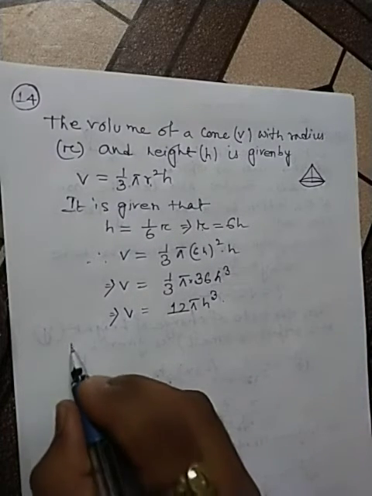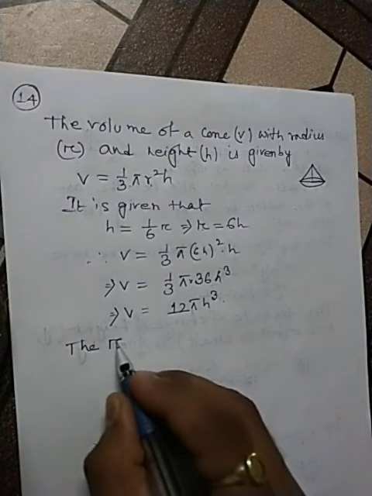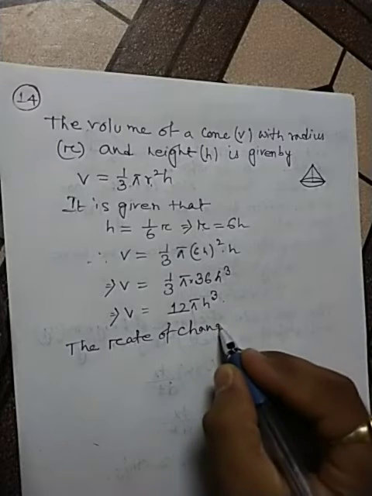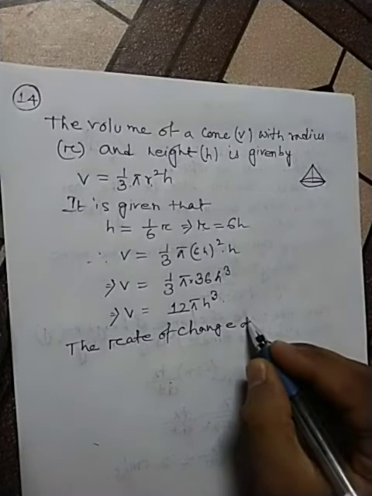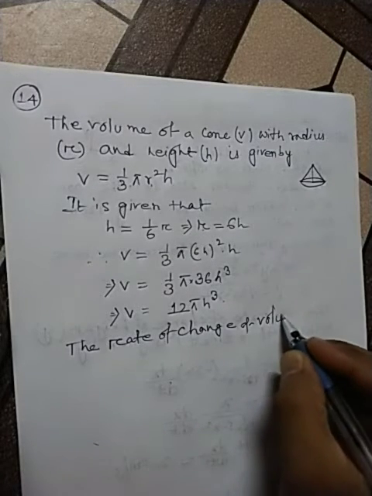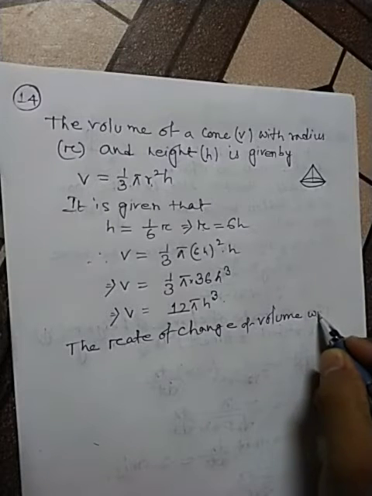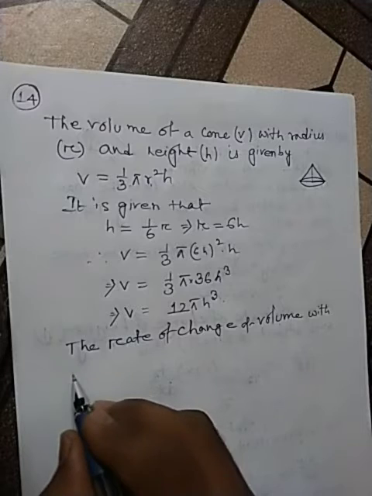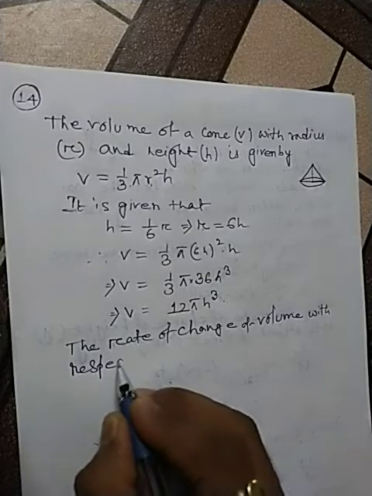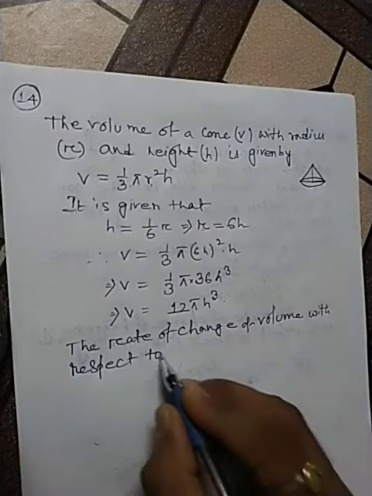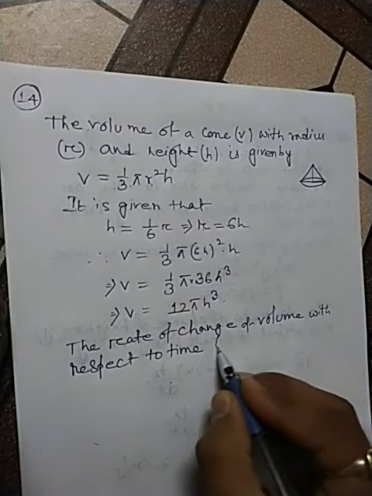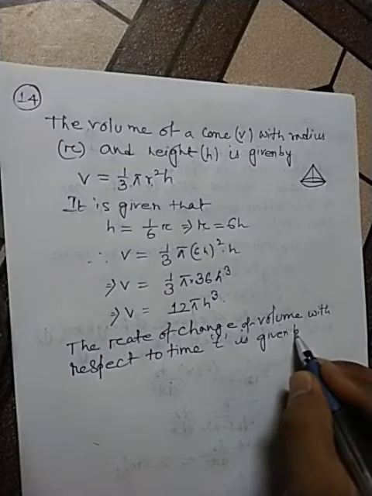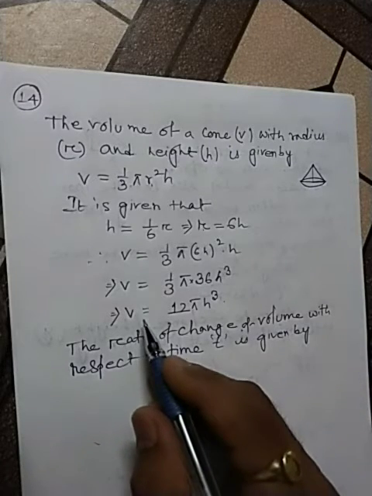Now the rate of change of volume with respect to time t is given by differentiating V with respect to t.